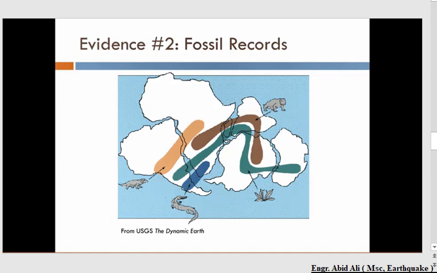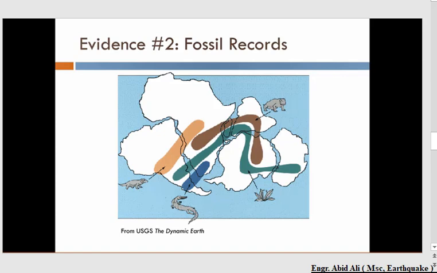Okay, so we have all of these different continents here, and what the paleontologists or paleobotanists have seen is that, for instance, a very rare and certain type of lizard fossil was observed in this general region, but it was found on both continents, South America and Africa, same with this kind of crocodilian looking fossil.